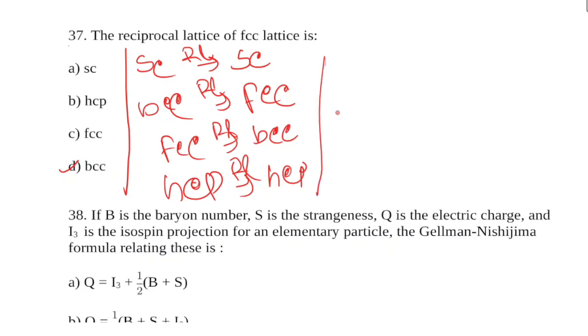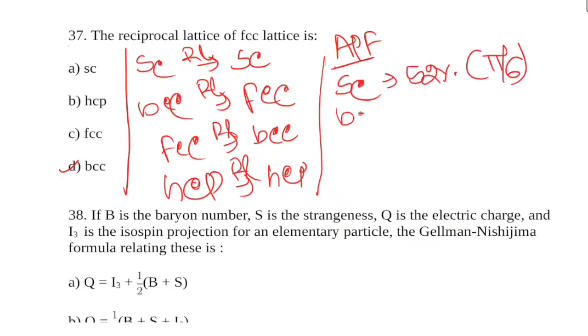Okay. Similarly, related to this, sometimes they ask about the atomic packing fraction also. So you should also remember that for simple cubic it is 52% or pi by 6. For BCC it is 68%, that is root 3 pi by 8.